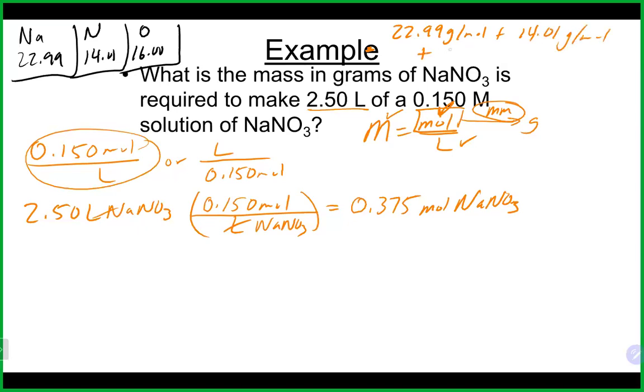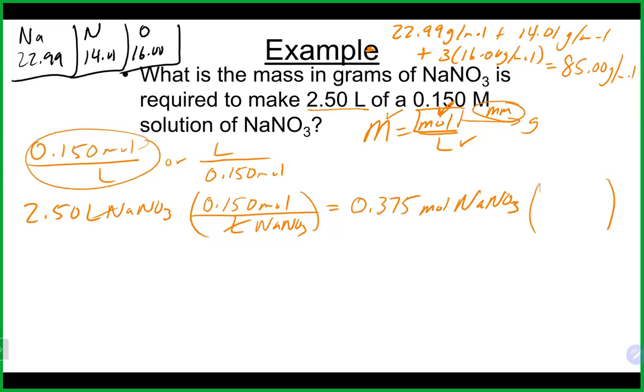And we do have 3 oxygens, which are 3 times 16 in this case. And that's going to give you, I feel like an 85. Let's see here. Yeah. Mega memory courses are paying off. 85 grams per mole. And once again, we're going to use that as a conversion factor here.